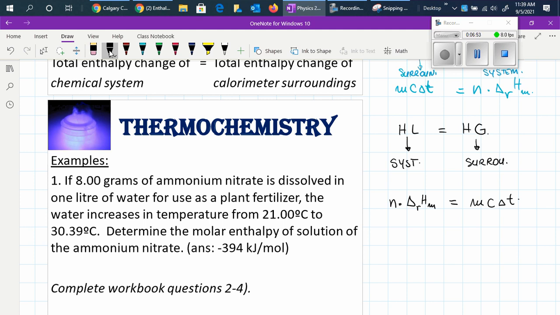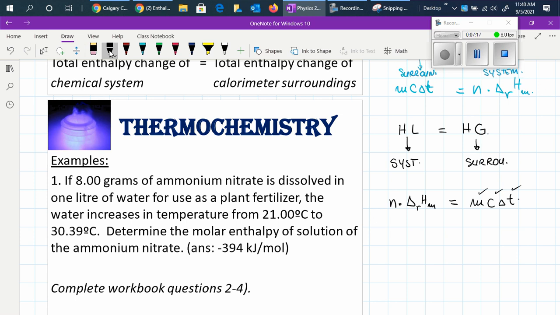C is for liquid water, and it is found in your data booklet as 4.19 kilojoules per kilogram per degree. And the change of temperature is 30.39 minus 21 degrees.